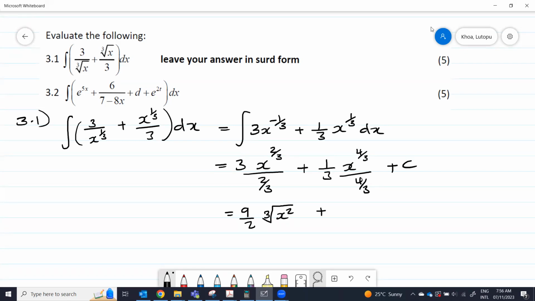Then 1 over 3 divided by 4 over 3, get the reciprocal of this. So you have 1 over 4, and then the cube root of x to the power of 4 plus c. So you're leaving it in surd form.